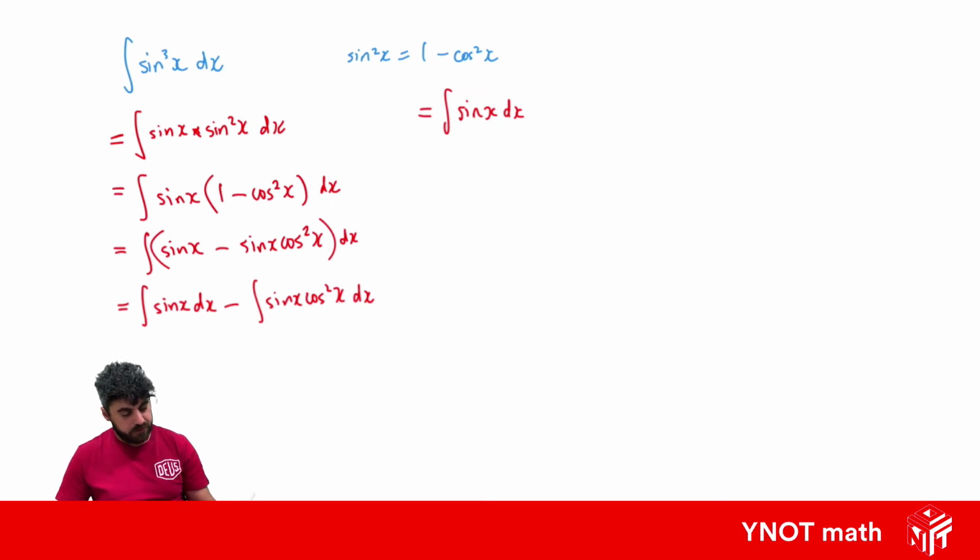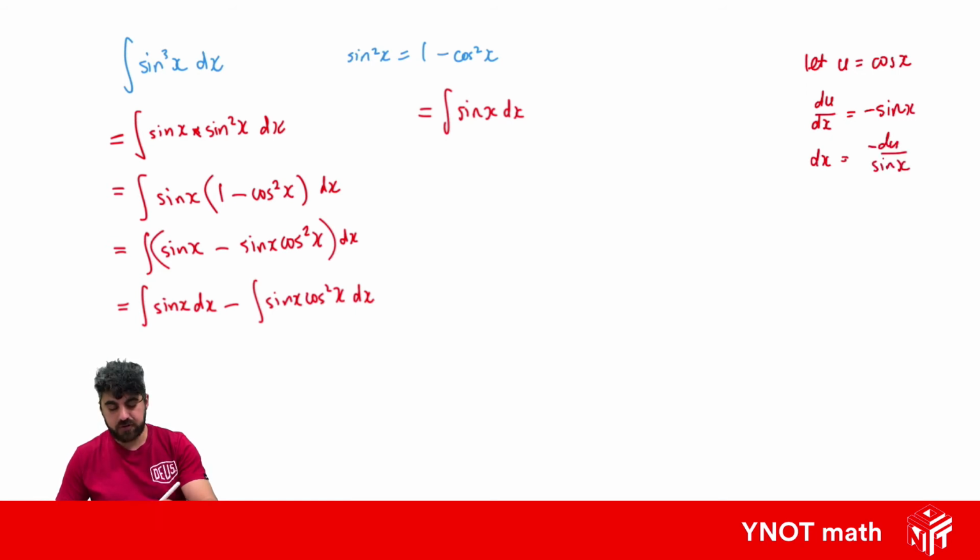So what we're going to do, we're going to let u equal cos x. So we're going to get du dx equals minus sine x, make dx the subject. So we're going to get minus du over sine x. So let's go ahead and make that substitution.